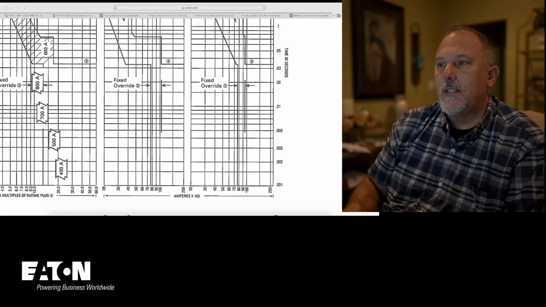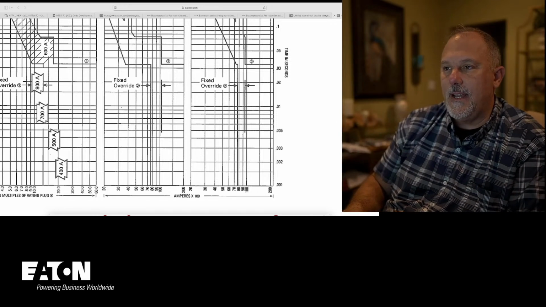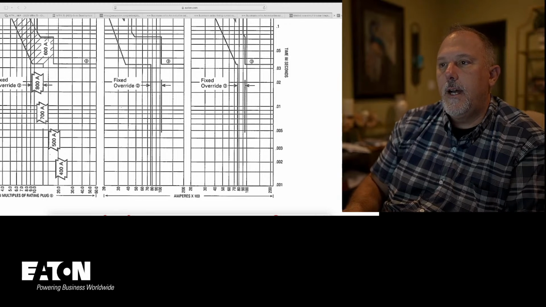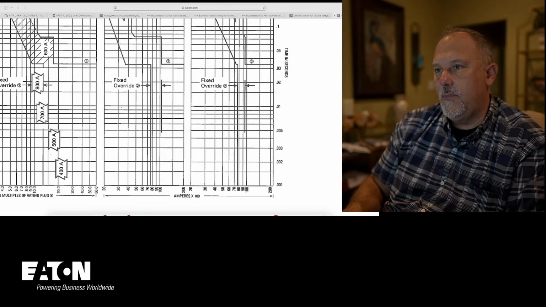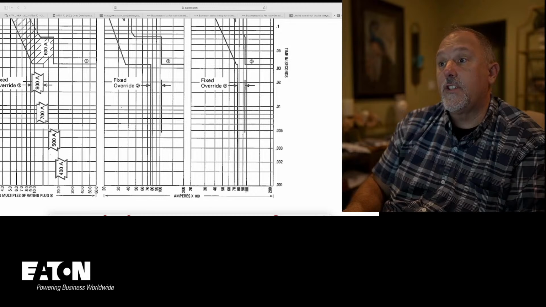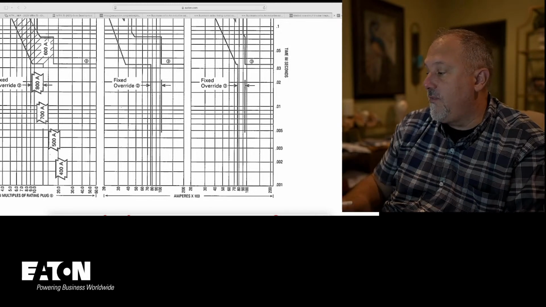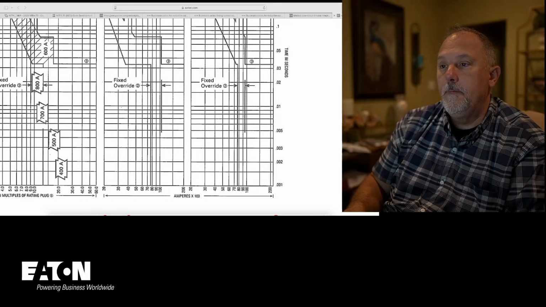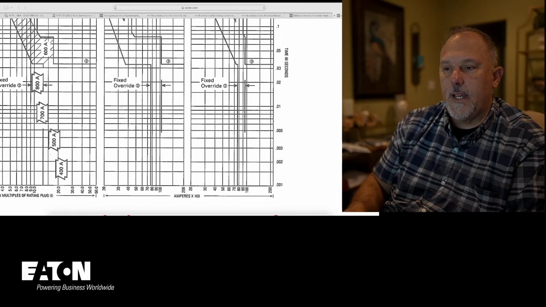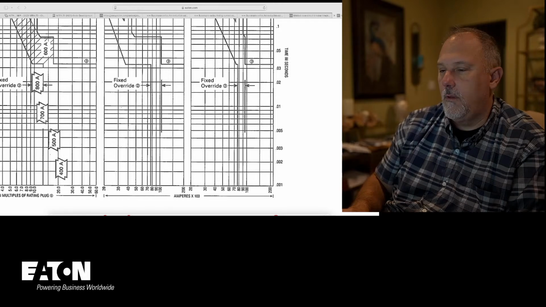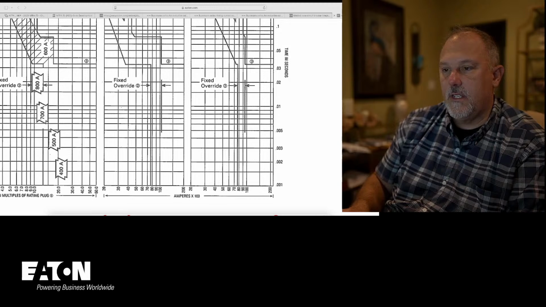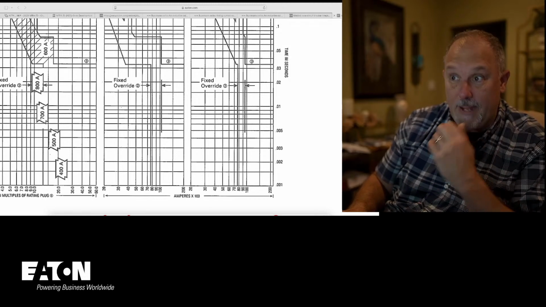So available instantaneous of 2 to 8 times. If it's 2 times on a 2,000 amp breaker, that's 4,000 amps. So if this was 4,000 amps, 5,000, 6,000, 7,000, I'm at a 0.05, 0.06, 0.07 clearing time.